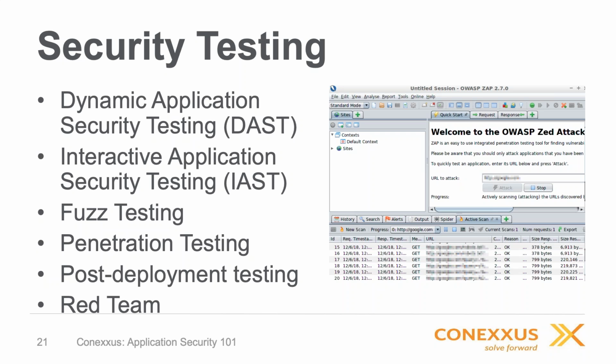So the focus here is on those messages that are going back and forth, making sure that whoever's receiving them or listening for them is robustly handling weird error conditions.